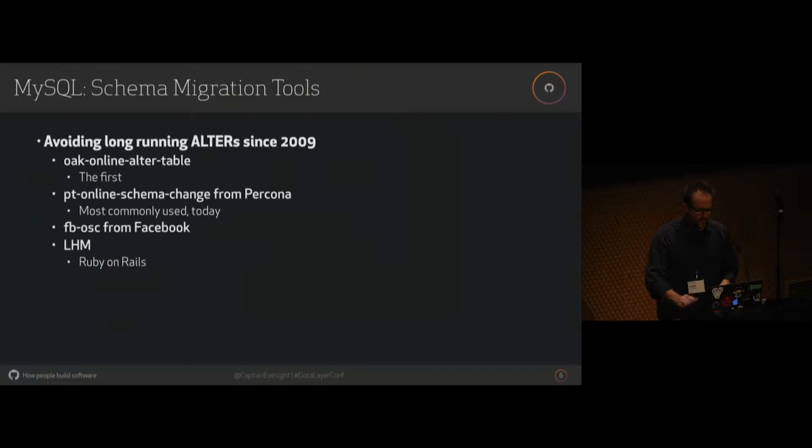The Oak Online alter table was the first thing that came out. It was used for a little while by some people, and then shortly after that, Percona said, hey, we can make that tool better. And Facebook said, this tool doesn't quite work for us, so we're going to make our own. And then later on, LHM was a tool written specifically for Ruby on Rails.